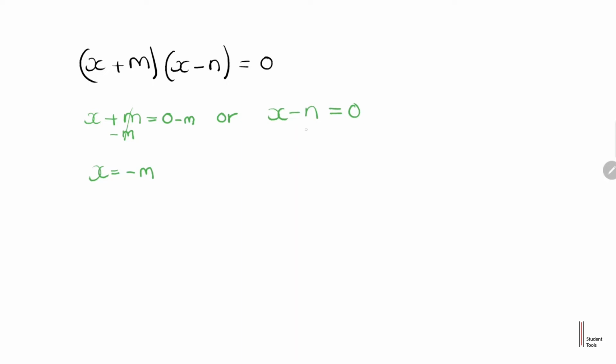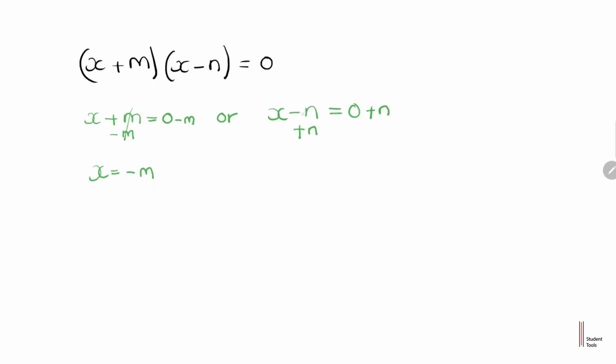Again, this side, to make x the subject, which is what we are supposed to do, we will have to take n from the left-hand side to the right-hand side. We'll do that by adding n, because we have a minus n. So we will add n here and also add n over there.